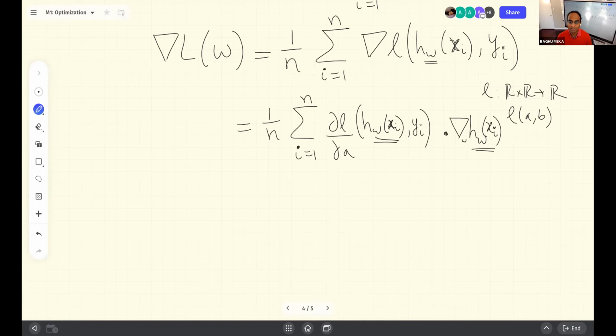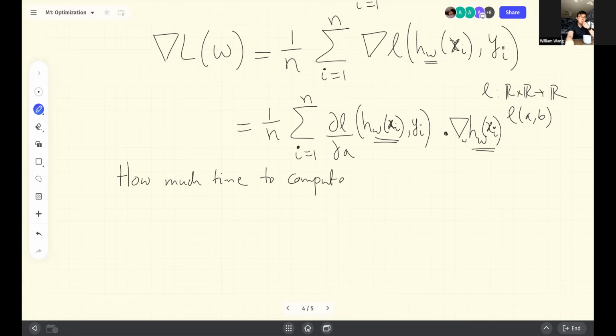Okay? So in terms of time complexity, how much time does it take to compute the gradient here? Tell me a lower bound.